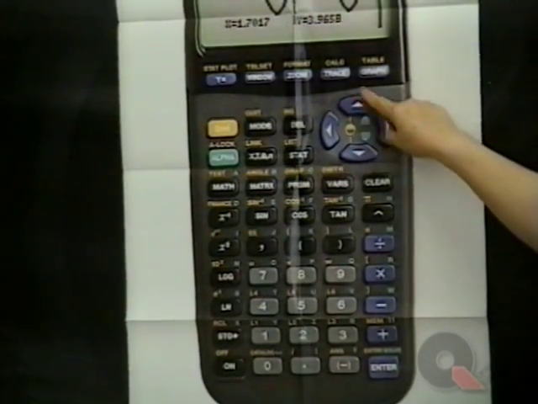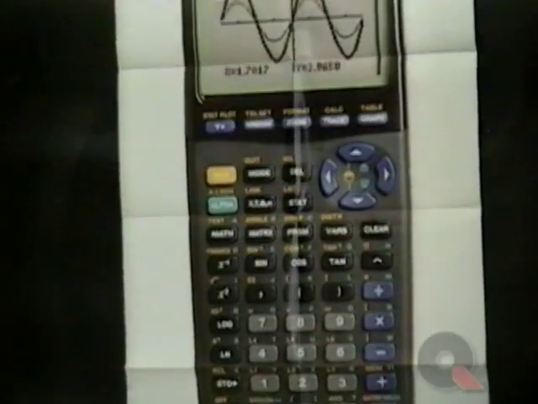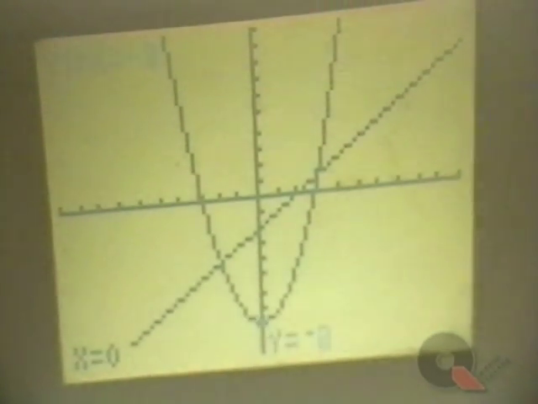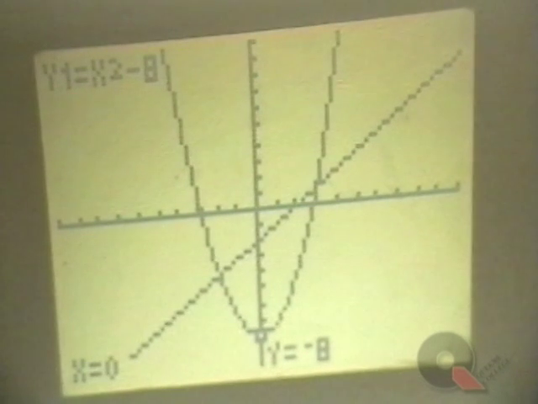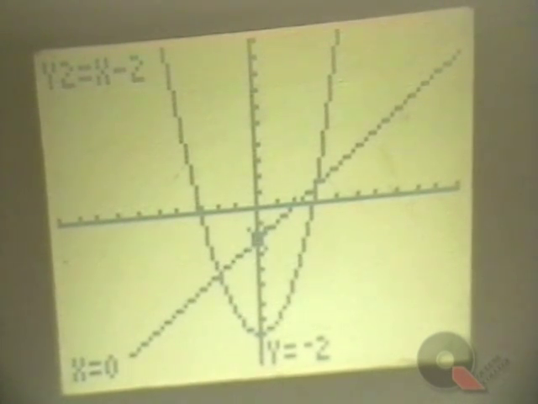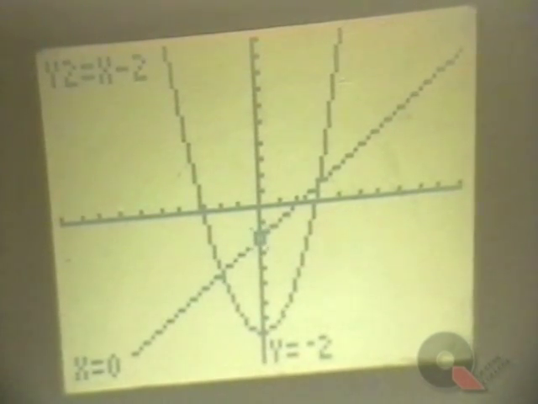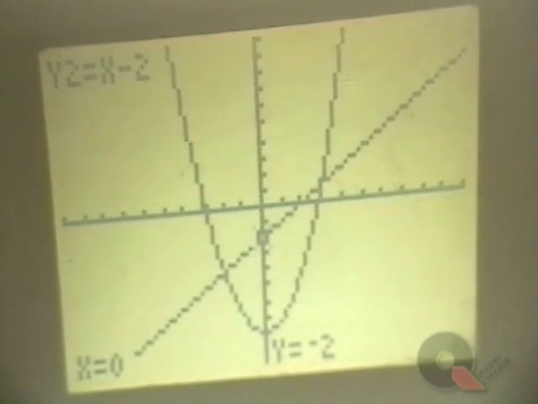It'll go from y1 to y2 and back and forth. So if I hit the lower arrow, it's now tracing along the y equals x minus 2 curve. If I hit the other arrow, it goes to the other one. Every time you hit it, it switches to the other curve. Now it's on y equals x squared minus 8. Now it's on y equals x minus 2.